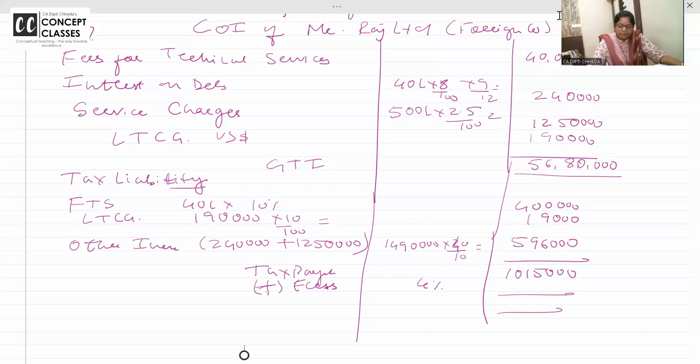How much is it coming? I have made a mistake in one figure. Just check the total once. 500 into the lease figure of 500 lakhs, into 2.5%, so 12,50,000. Oh sorry, 10% of this. Into 4%.